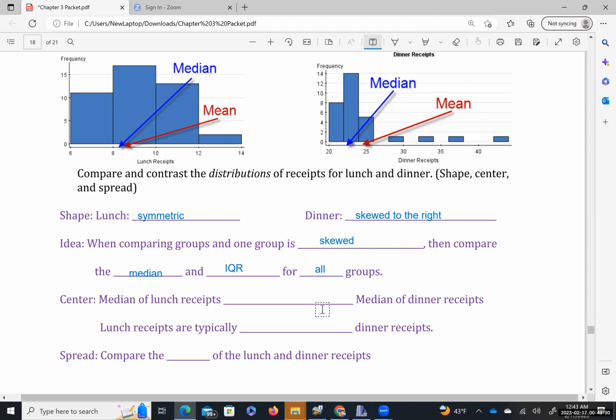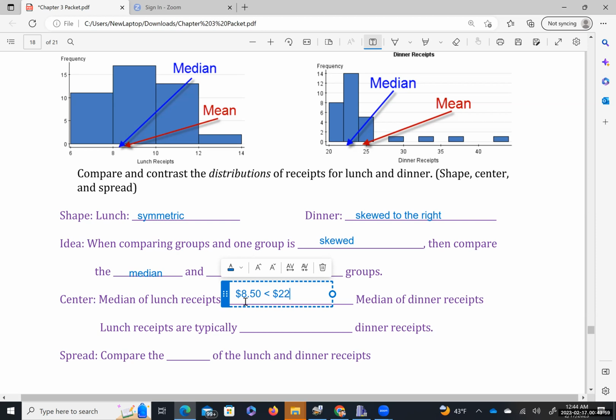So the center is the median of lunch receipts. I think it's about $8.50, which is less than the dinner, about 22, I think.